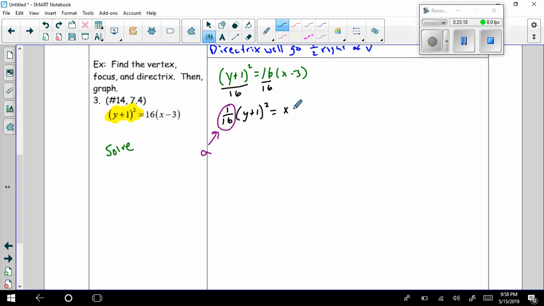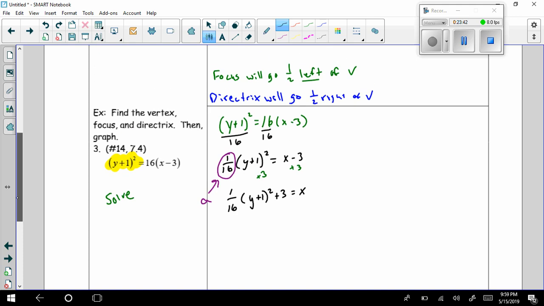So equals x minus 3. So then we're just going to add 3 to both sides. And so we end up with 1/16 y plus 1 squared plus 3 is equal to x. So now we have our x by itself.